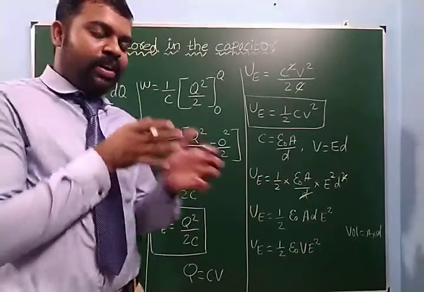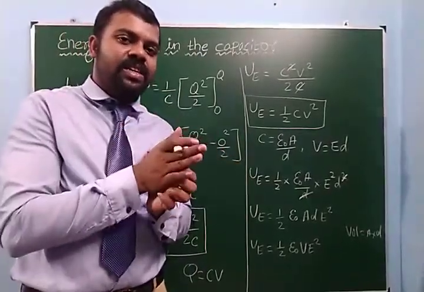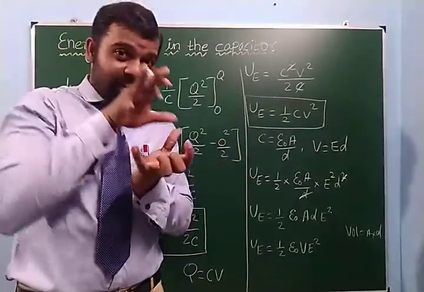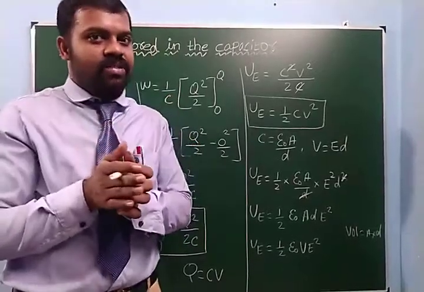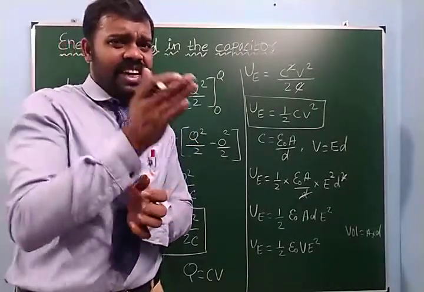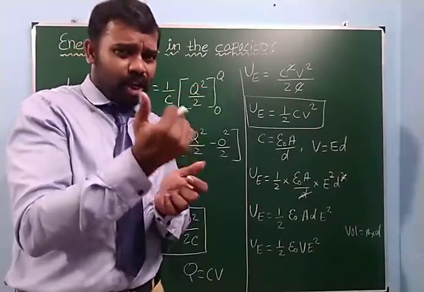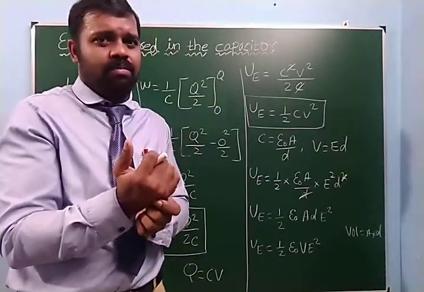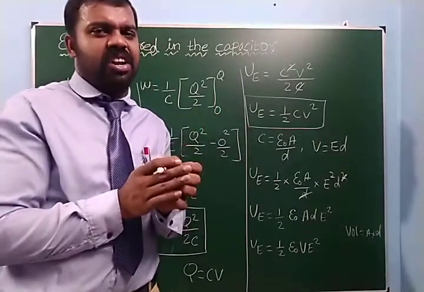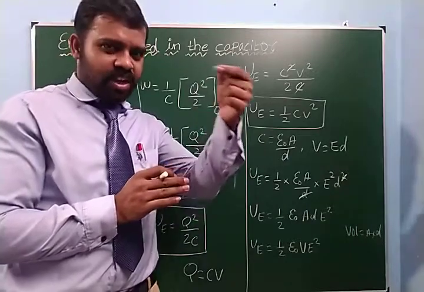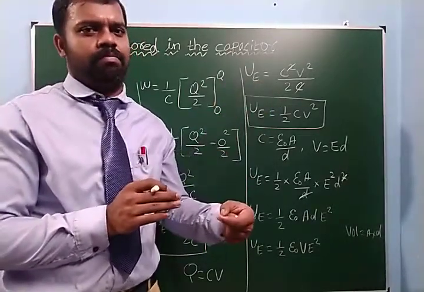Now we are going to find the energy density. What is energy density? The energy density is defined as the energy per unit volume of the space. So we find the electrostatic energy per unit volume.